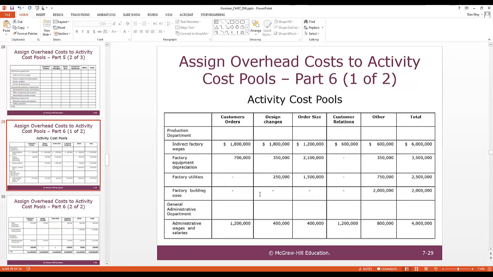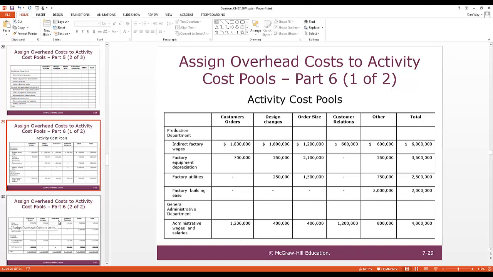And we're going to do that for every individual cost from our cost schedule. So to fill some of these in, our customer order cost pool had the $1.8 million in indirect factory wages, $700,000 in factory equipment depreciation, and so on, all the way down and all the way across.